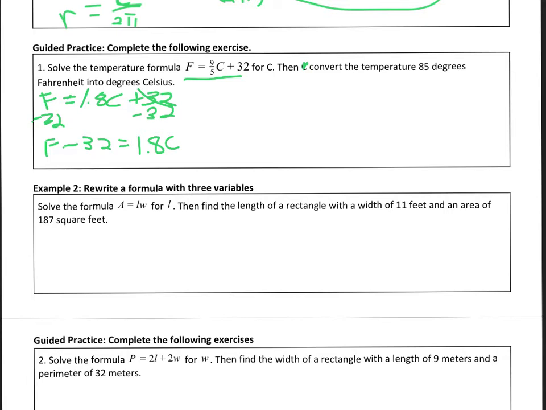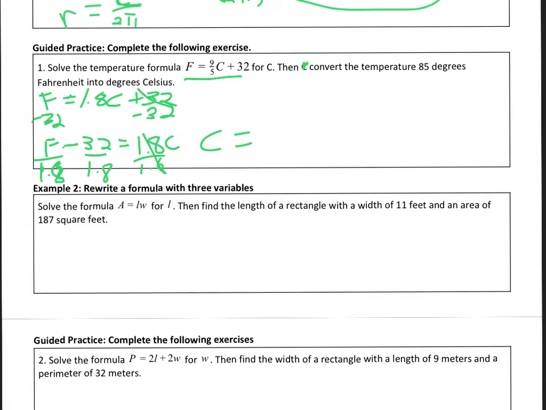And then next, I am going to divide both sides by that 1.8. When I divide both sides by 1.8, that means I divide everything on this side by 1.8. So this becomes C equals, and that F over 1.8 is a little weird looking.